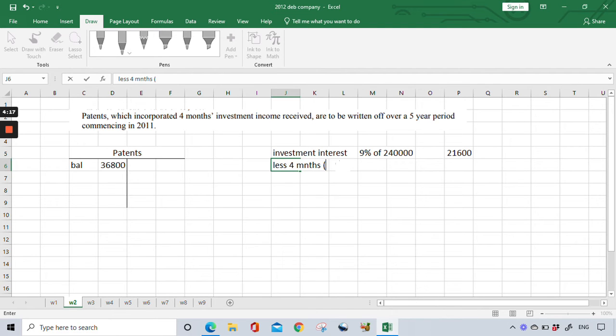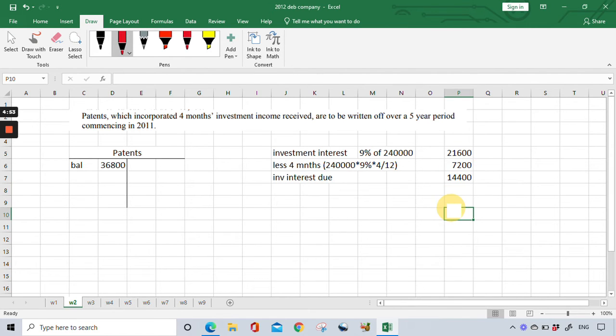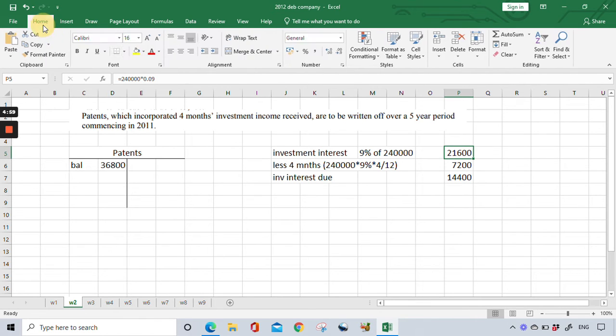So whatever way you want to do that, you can do 240,000 times 9% times 4 over 12, and you get 7,200, which gives us what's due. So investment interest due is the difference between these two, which is 14,400.